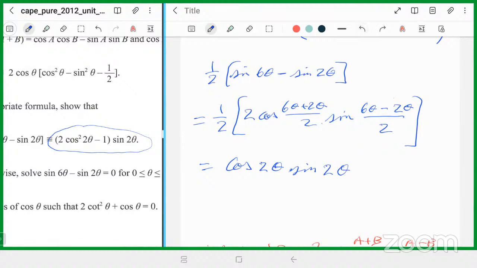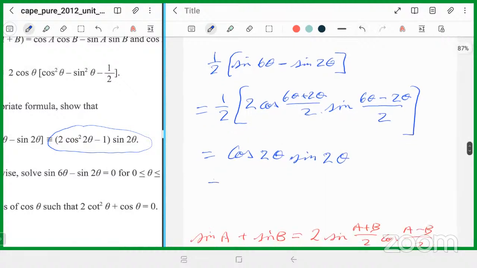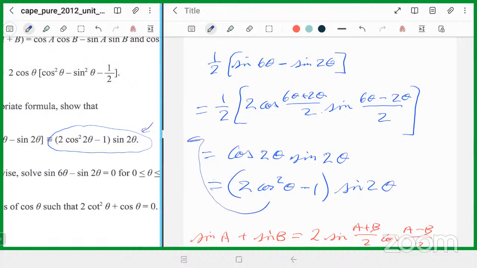And this now expands out into 2 cos squared minus 1, so it becomes 2 cos squared theta minus 1, times sine 2 theta, which is what they have right here. Same thing. All right, that is that.